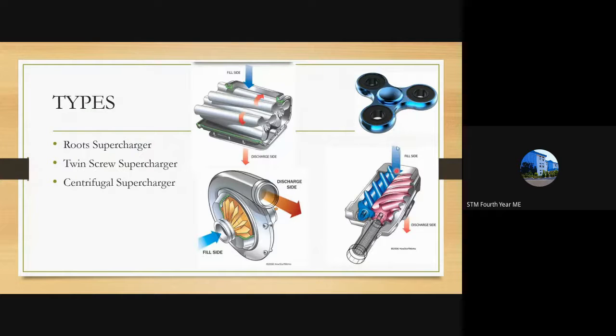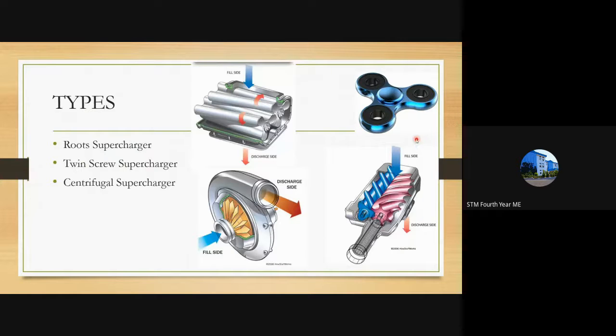Air is sucked through here and then discharged to here, to where the compressed air is going. You can see how the air comes in, and the screw is rotating, this one in the anti-clockwise direction and this one in the clockwise direction. That is how it is rotating, and air enters and discharges here.